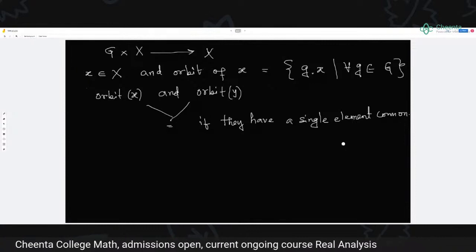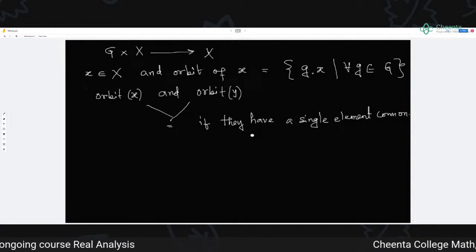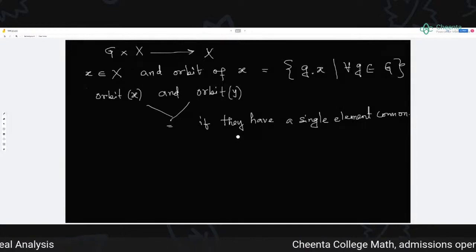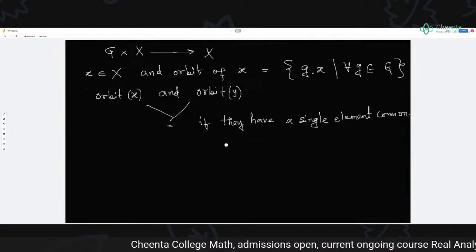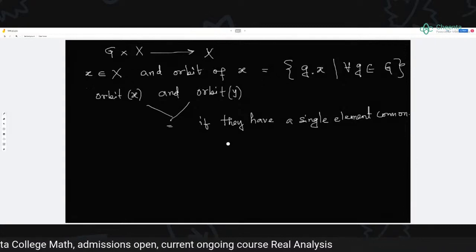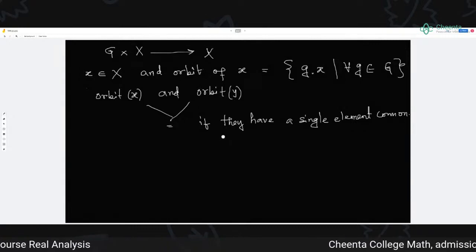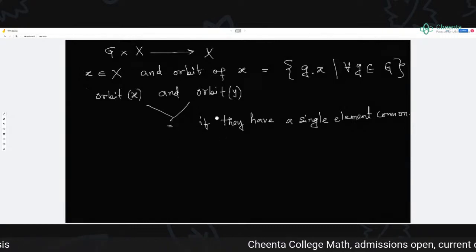The second thing is that if there is no element common, then quite trivially both orbits are totally disjoint.